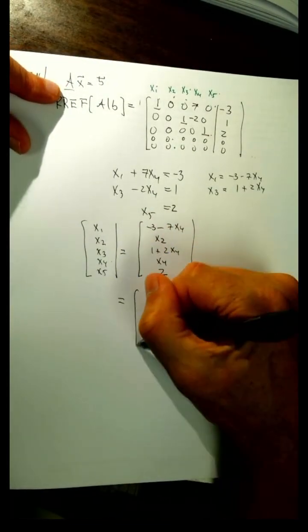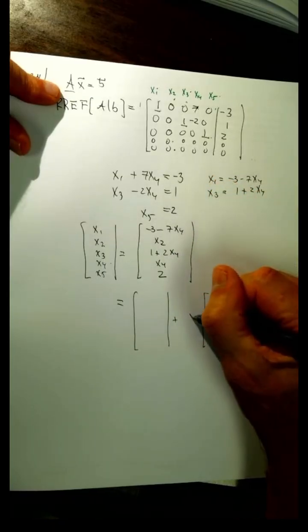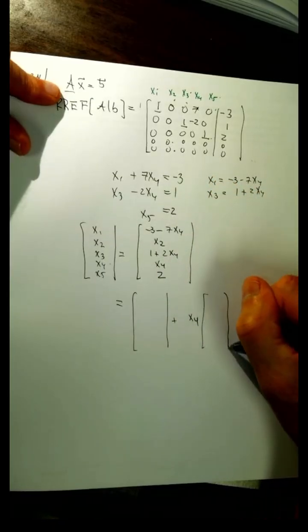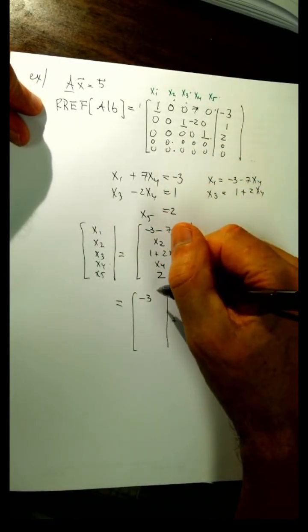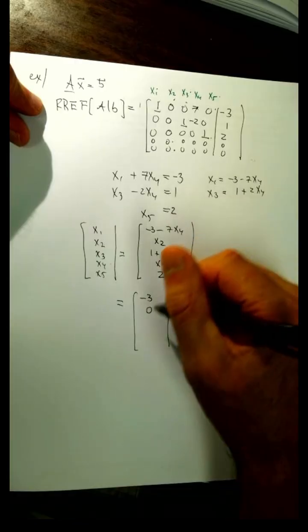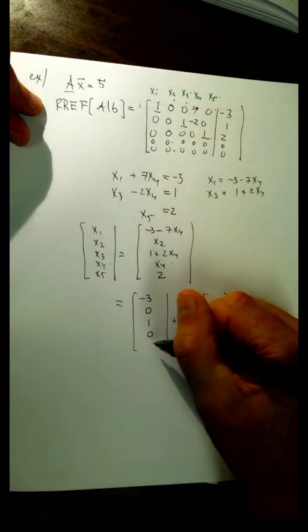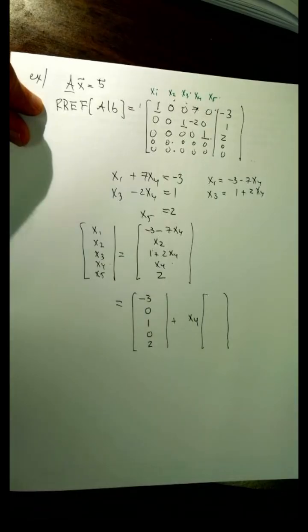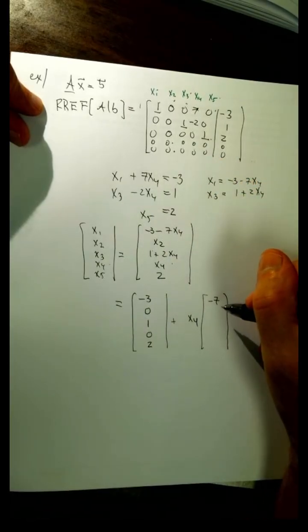So breaking this out into my constants, I get minus 3 from the first, 0 from the second, 1 from the third row, 0 from the fourth row, and then 2 from the fifth row. And the coefficients on x4 are going to be minus 7. Oops, I got to be careful.